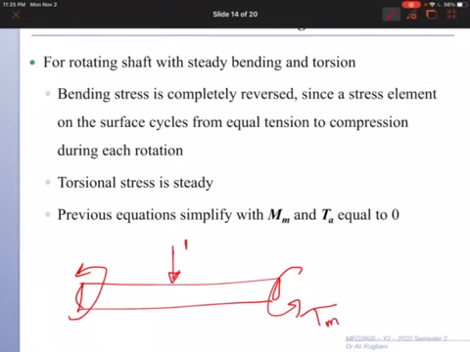But the bending moment is the same force applied, but because we have rotation, the point here will go from maximum bending to minimum bending, from tension to compression, tension to compression. So that is completely reversed. That means these two values are 0.